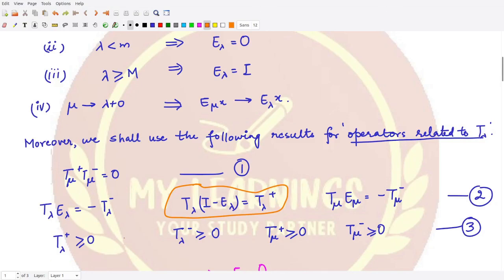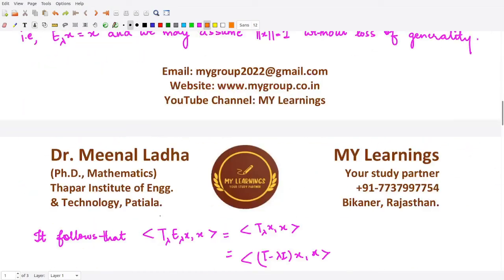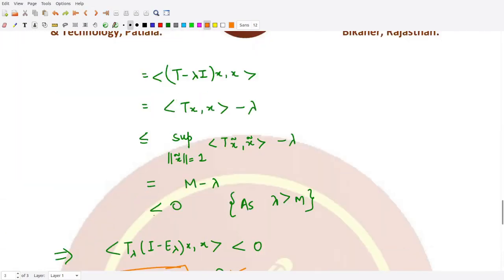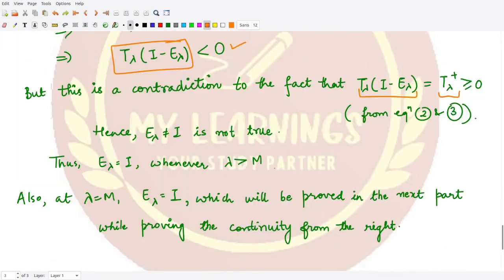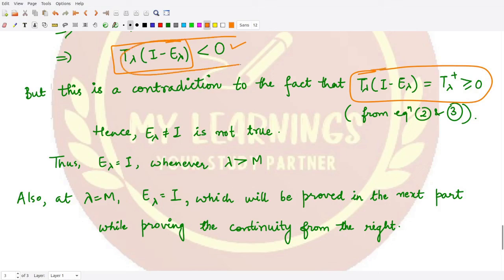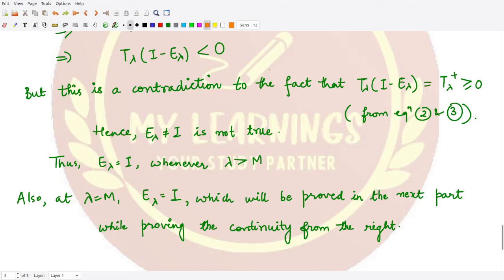So using these two results, our operator T_lambda (I minus E_lambda) is a positive operator. So from here we obtain that this is a positive operator, and by our calculation we obtain that this is not a positive operator. So we obtained a contradiction in this case.